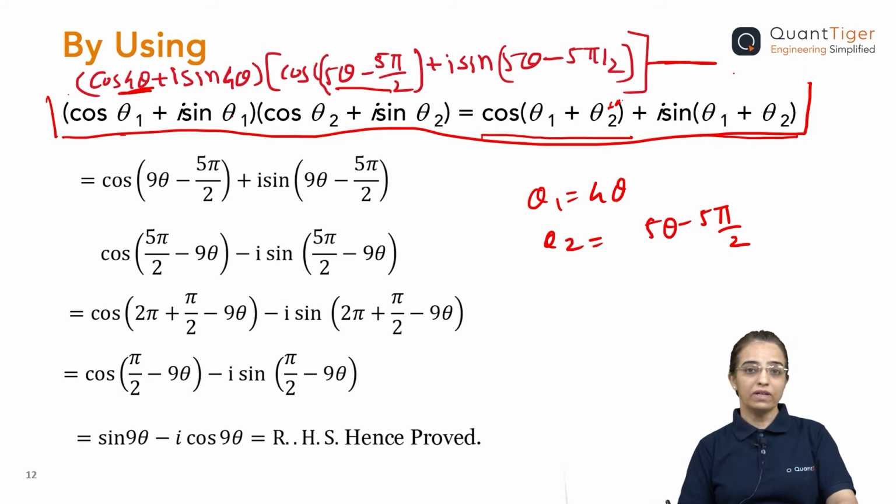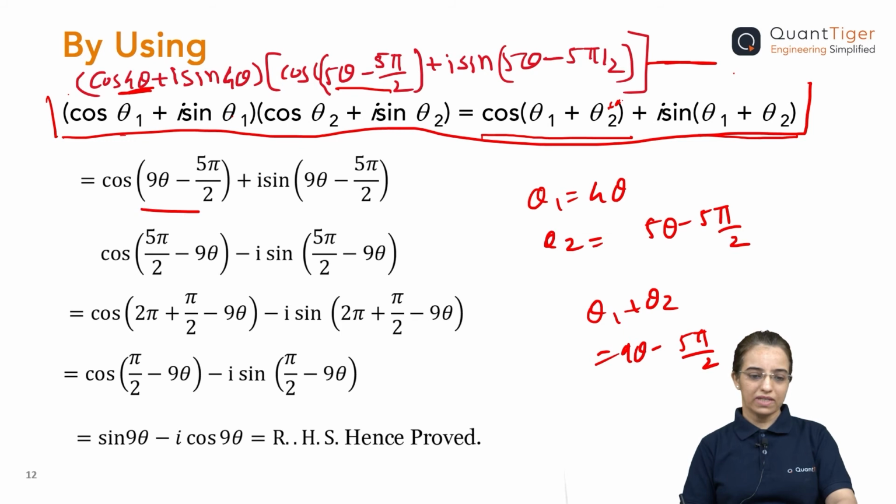So what we have to do is just add theta 1 and theta 2, and write it with the cos. So simply if we add theta 1 plus theta 2, we get 9 theta minus 5 pi by 2, which I have written here with cos. Similarly with the sin term also we will be writing this angle, the addition of these angles. So 9 theta minus 5 pi by 2, along with sin also I have written over here. Now after that we will simplify it.